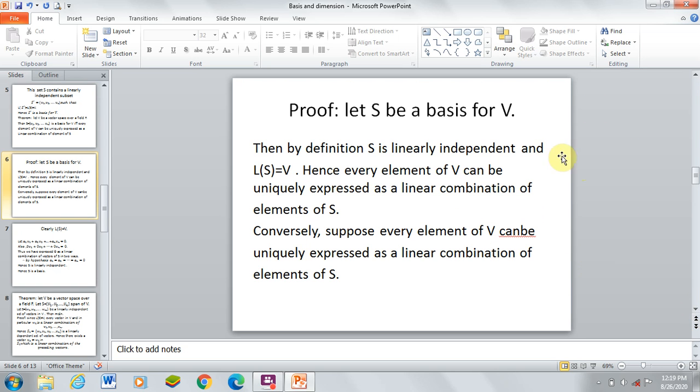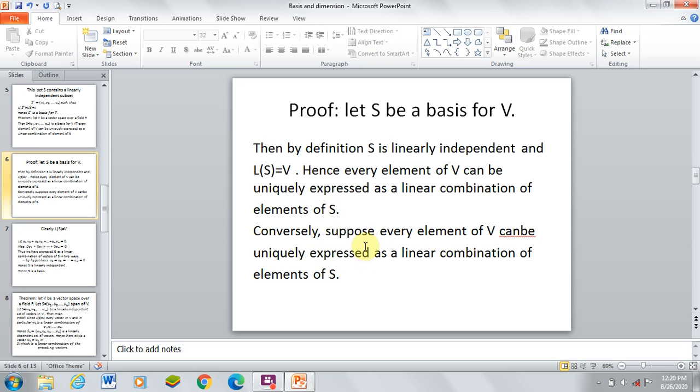Let S be a basis for V. By the definition of basis, S is linearly independent and L of S equals V. So every element of V can be uniquely expressed as a linear combination of the elements of S. Hence, the first part is over.